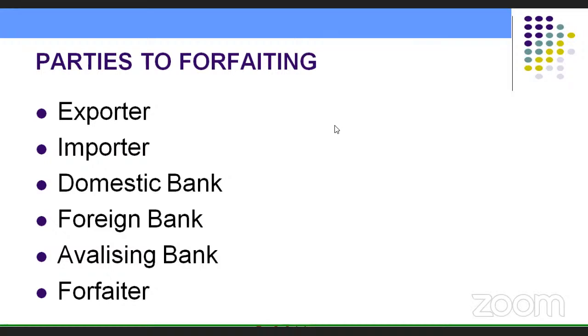So these are the various parties involved in forfaiting: exporter, importer, domestic bank, foreign bank, confirming bank, and forfaiter. Right?